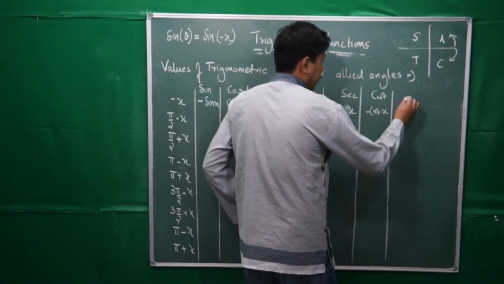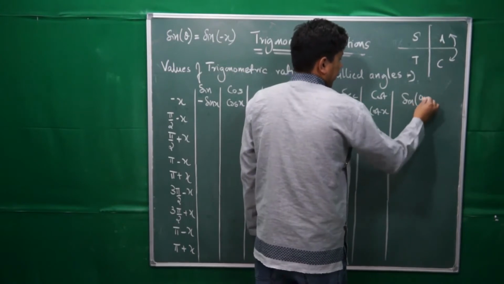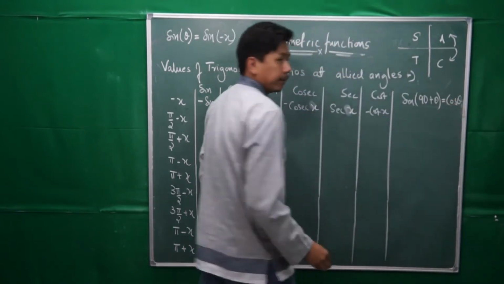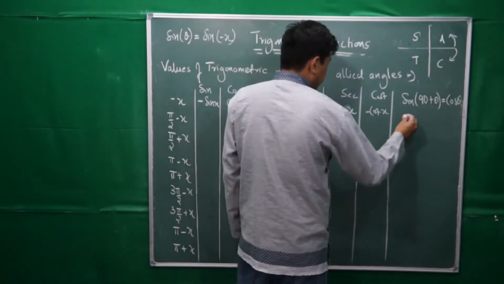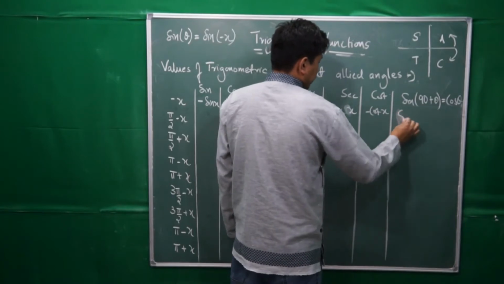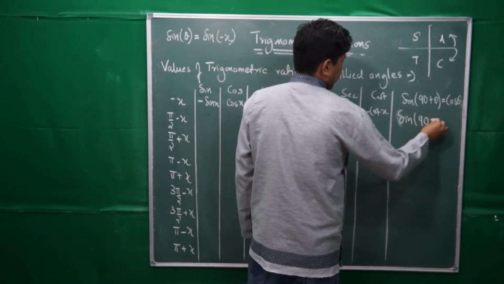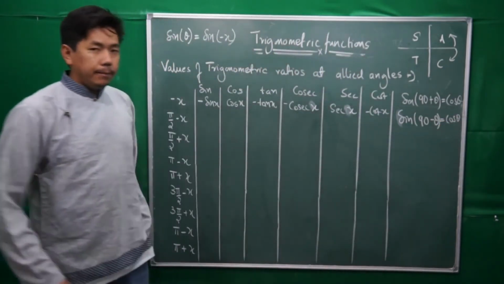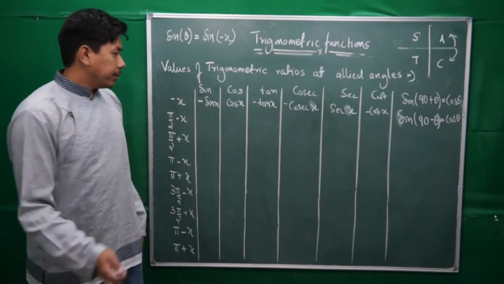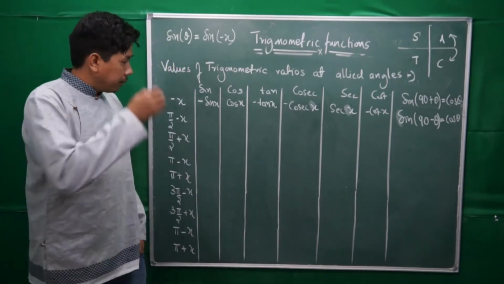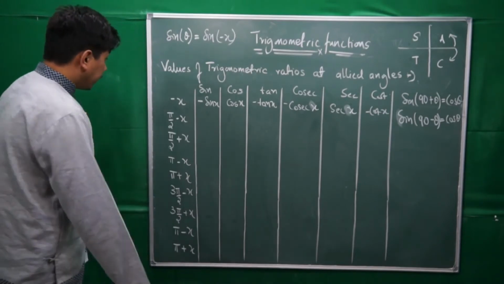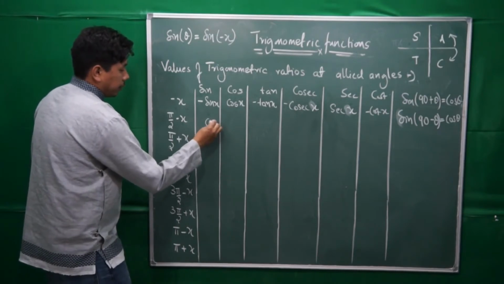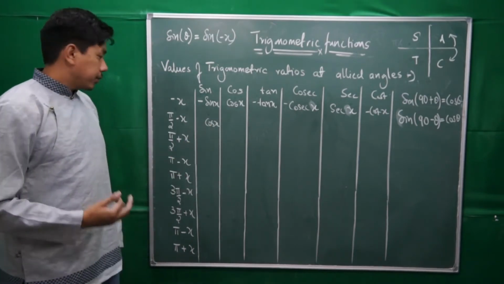If you remember, sine 90 minus theta equals cos theta. So that is the answer.